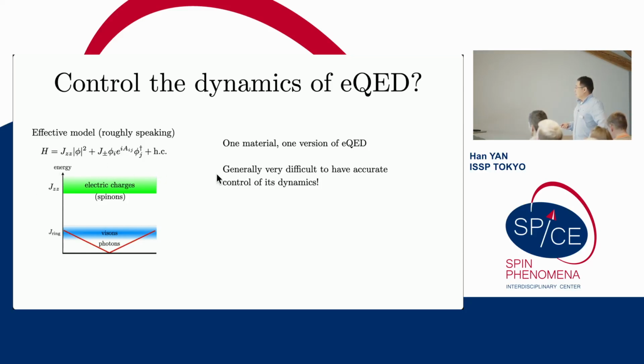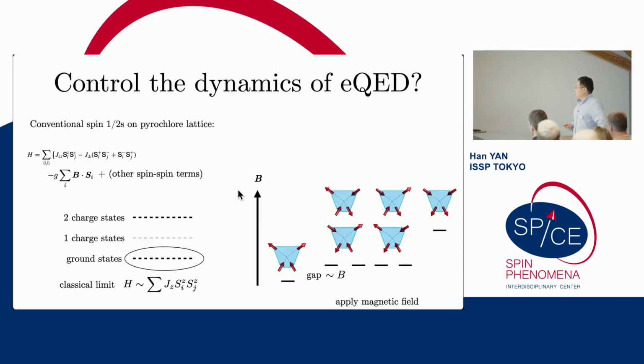Usually, it is very difficult to control the dynamics of these models. The easiest way to add additional terms in the Hamiltonian is to just introduce an external magnetic field. Here I use big B to denote it, to distinguish from the small b, which is the emergent magnetic field that flips a loop of spins.